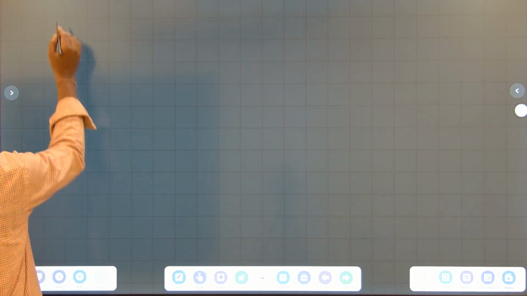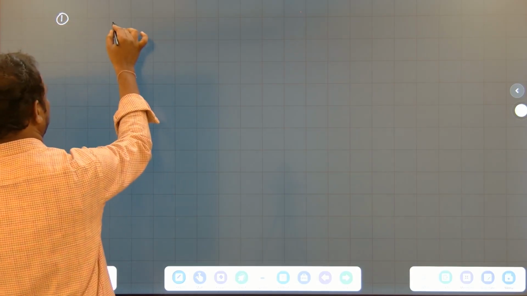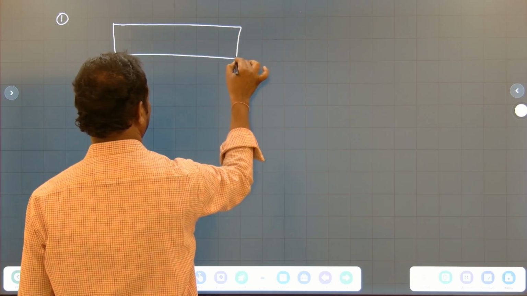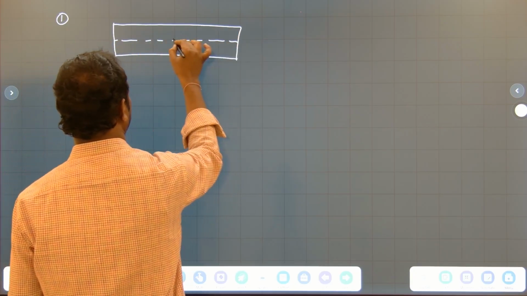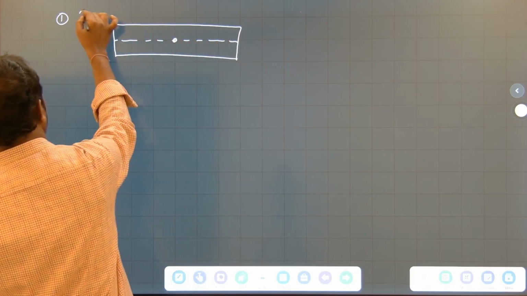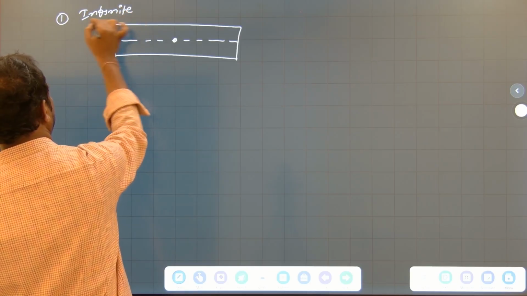Take the very first case. A solenoid is taken, and I take a point on the axis at the center. Now I am taking it as an infinite solenoid.